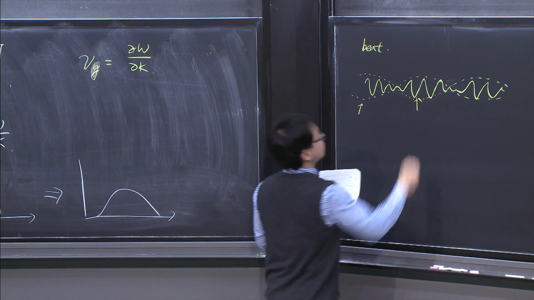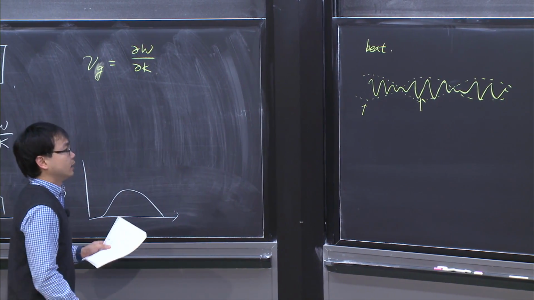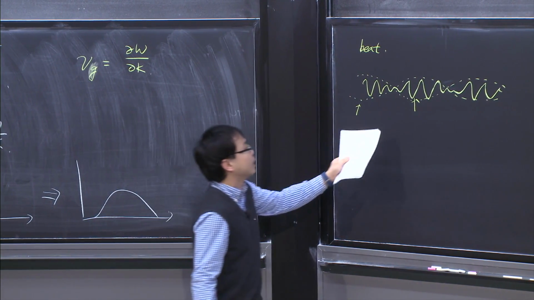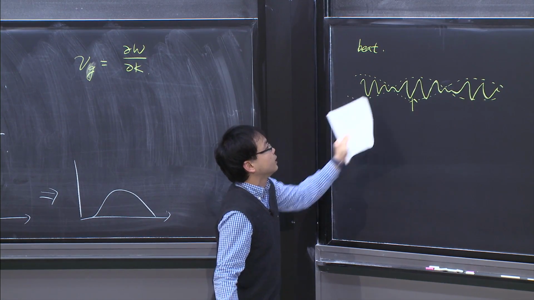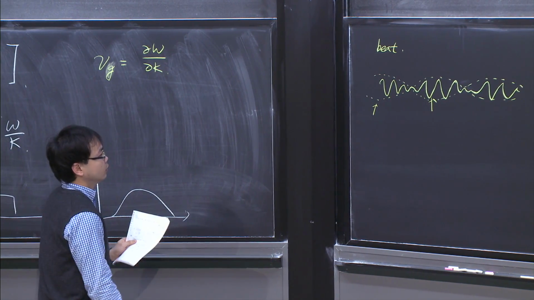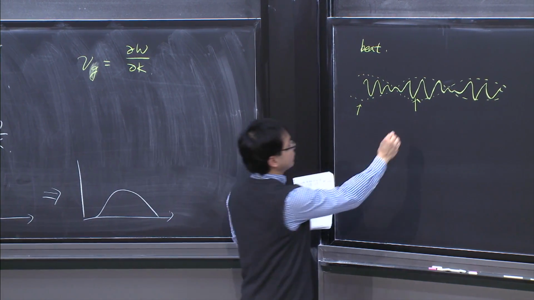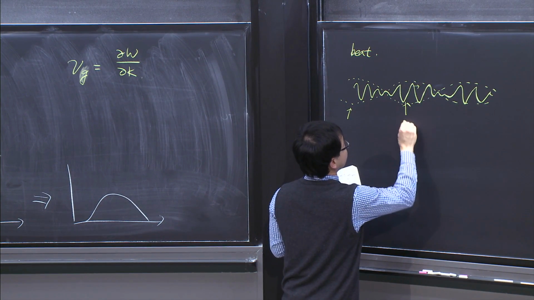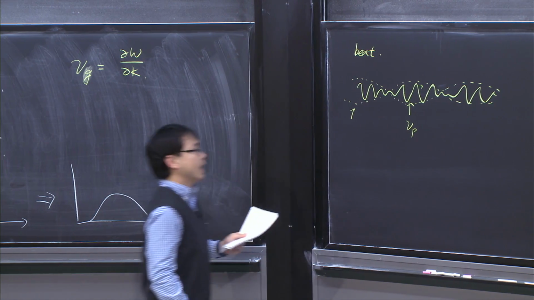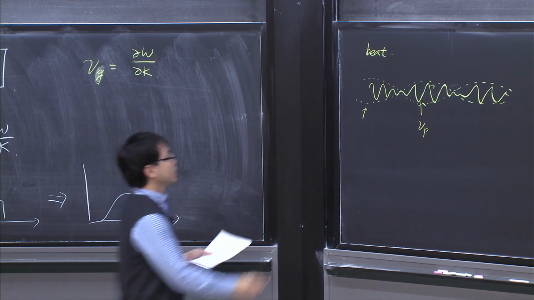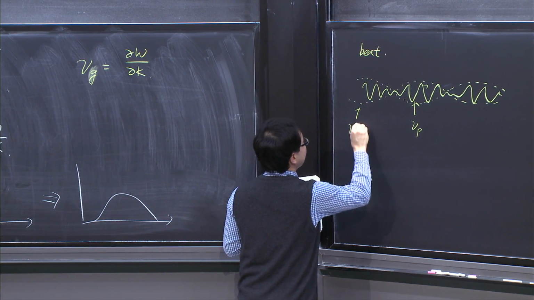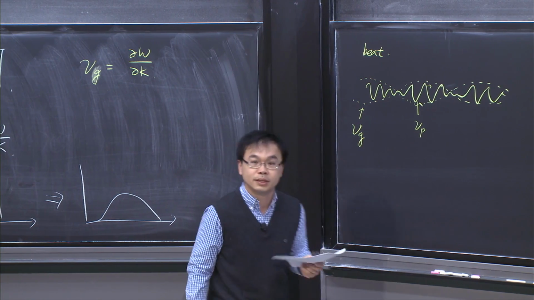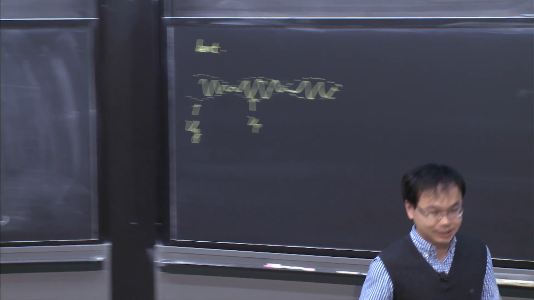Basically, you can understand the beat phenomenon by identifying these two interesting structures. The speed of all those little peaks is the phase velocity, and the envelope is found to be traveling at the group velocity.